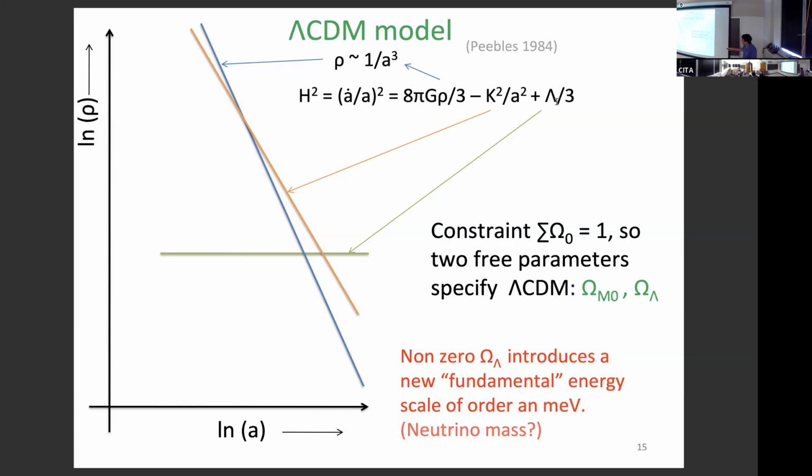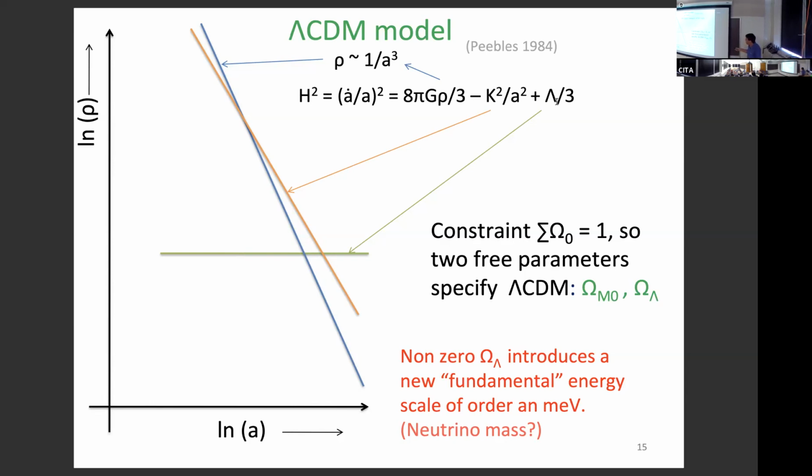The blue line is matter, and it drops with the a cubed in the denominator, and the orange line is the space curvature contribution. So over here, this dominates, and so you get decelerated expansion, and as you move closer to the present, the green line is above the other two, you get accelerated expansion.